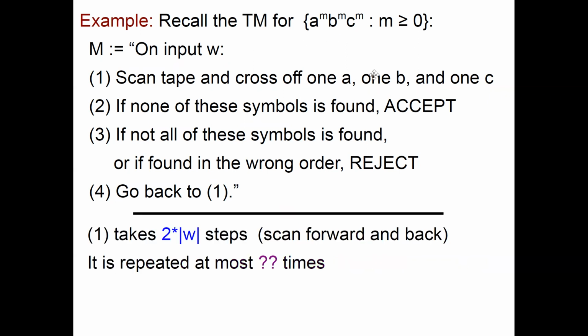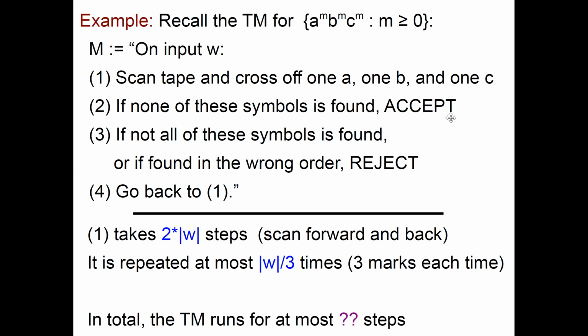Well, let's do one by one. Part one takes 2 times the length of the input steps because you scan forward and backward. How many times are we going to repeat that? Well, every time we cross off 3 symbols, right? So we're going to repeat that at most length of the input divided by 3. We make 3 marks each time.